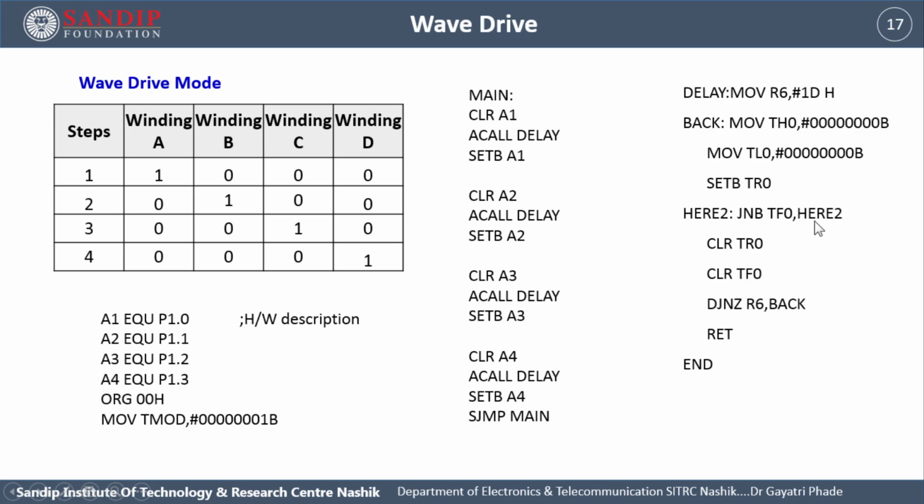When the flag goes, at the end of timing action or rollover condition, stop the timer, clear the flag and do it again. So in register R6, 1D is the count loaded, so that many times this loop will be executed and that much delay will be generated out of this. So this is the way of programming the stepper motor in the wave drive mode.